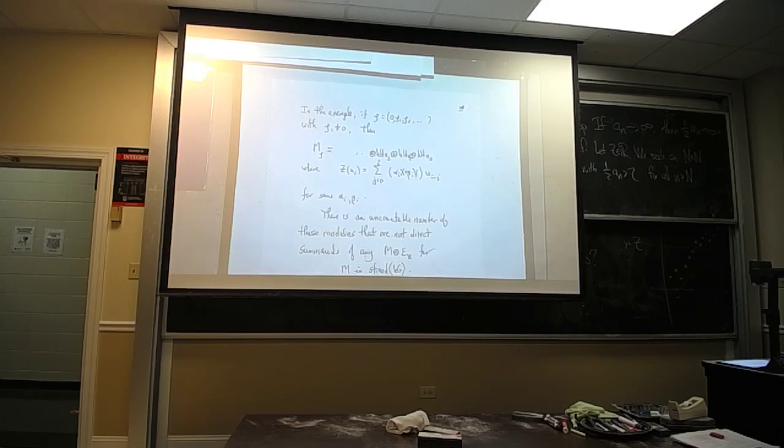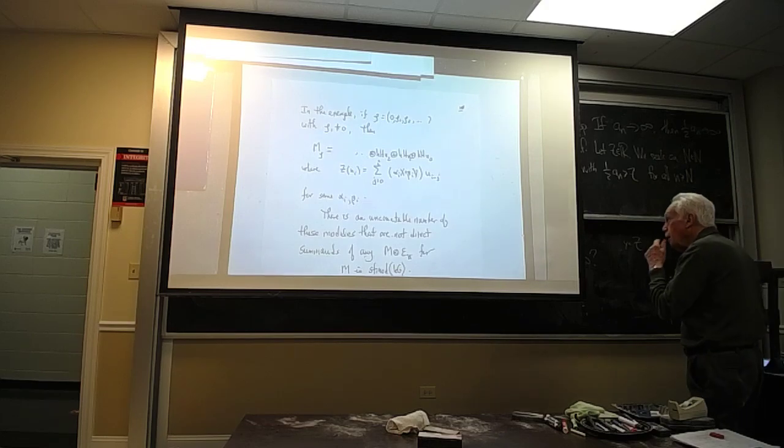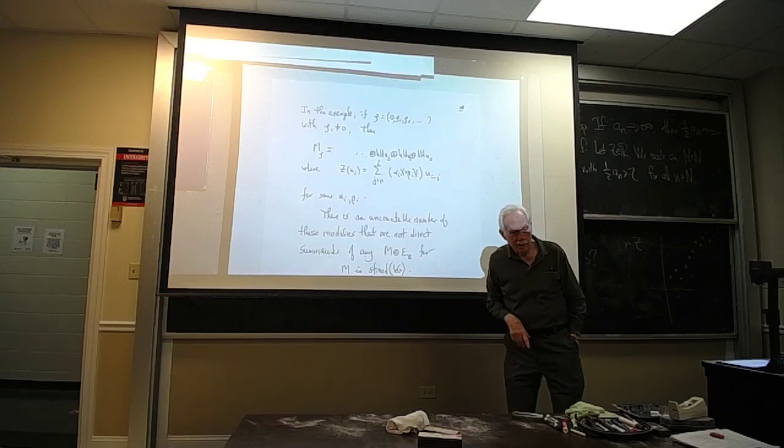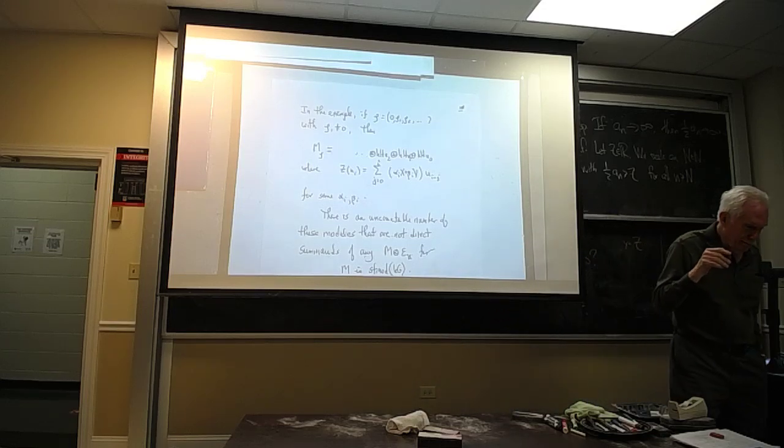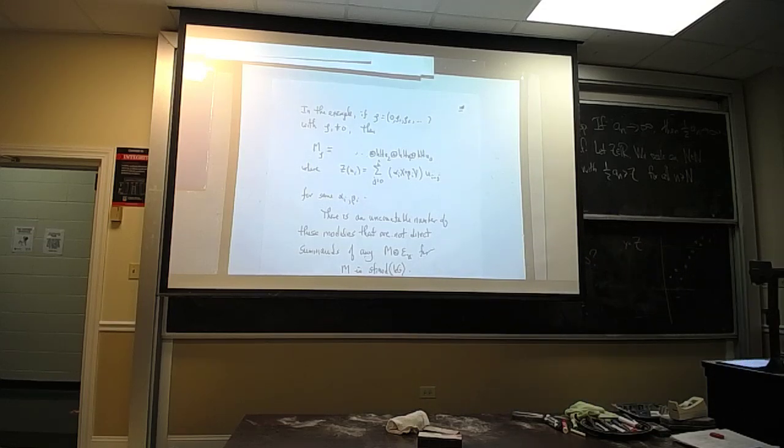I could not pick out a set of these coefficients. I cannot pick out a set of those cohomology elements where I know that this is not in the image of the finitely generated stuff.